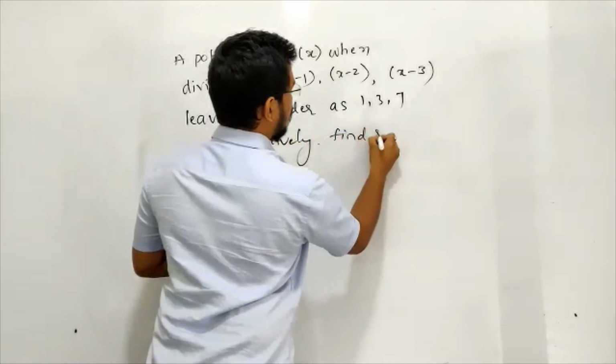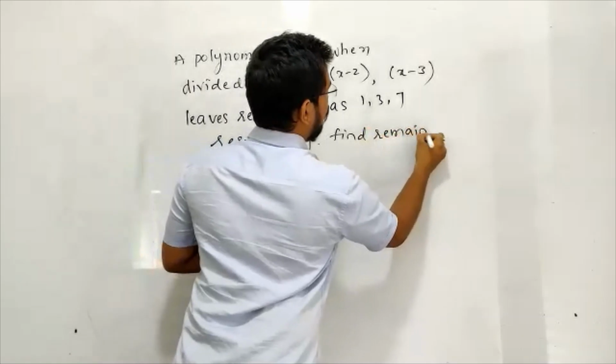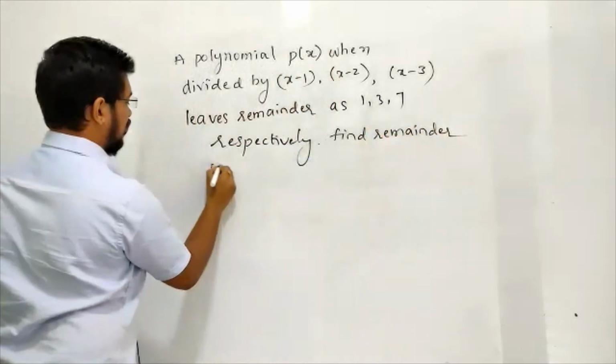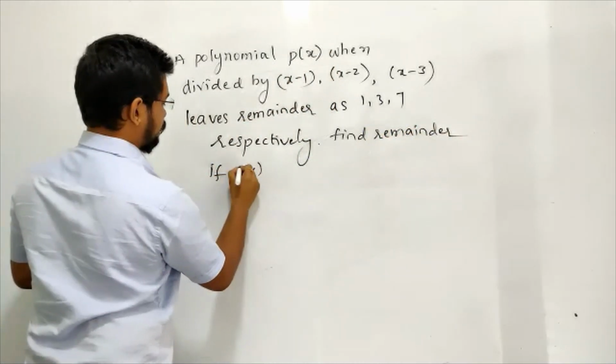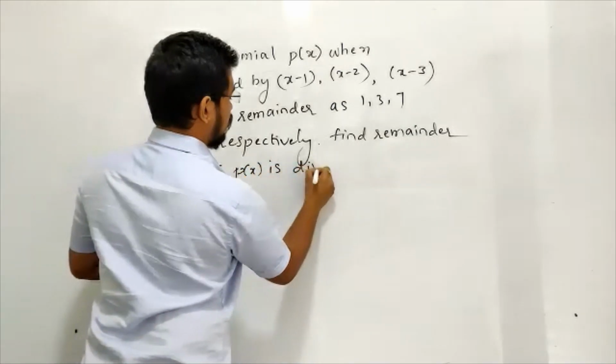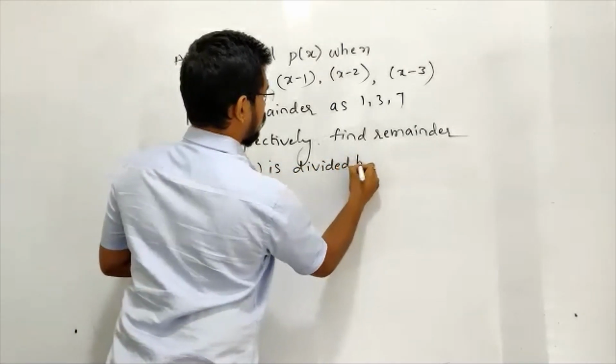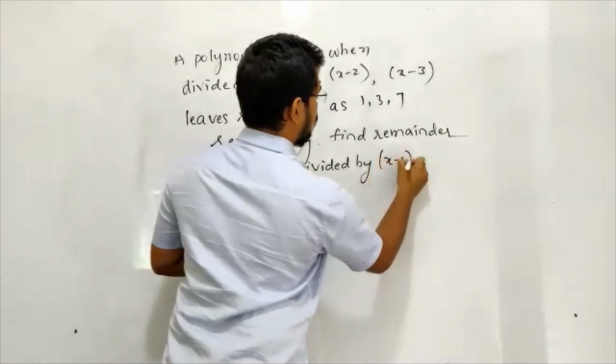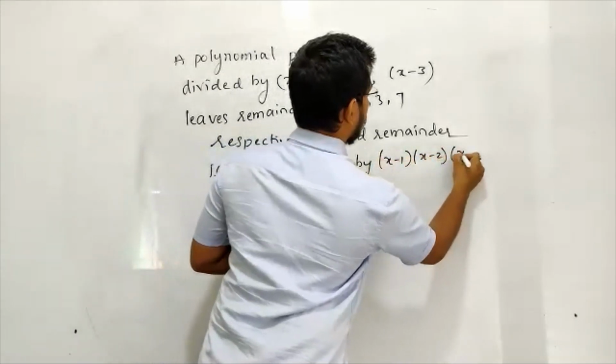Find the remainder if p of x is divided by x minus 1 into x minus 2 into x minus 3.